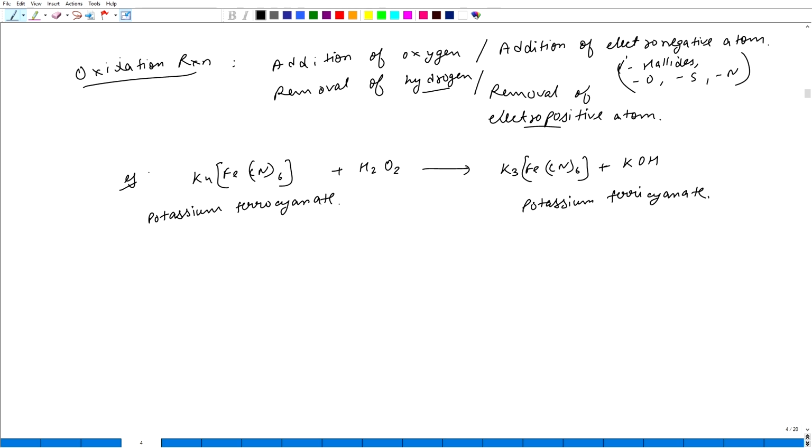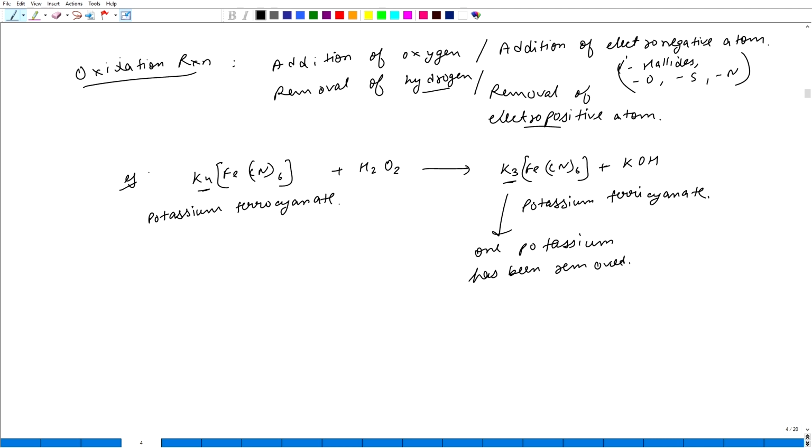Now, what has been the case here? This potassium, 4 potassium, 3 potassium, that means 1 potassium has been removed. So, this removal of potassium, which is an electropositive element, we are saying is an oxidation reaction.